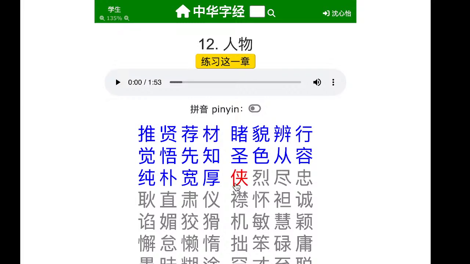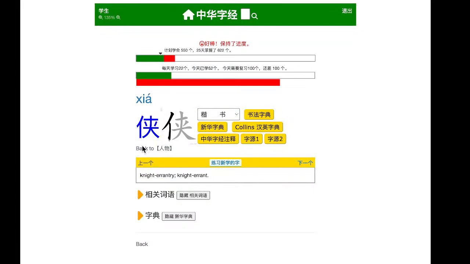And I'll go through this really quick. 侠. It says here knight errant, but 侠 is also used for superheroes. Spider-Man is 蜘蛛侠, you know. Or 武侠小说. Like those super powerful martial artists.